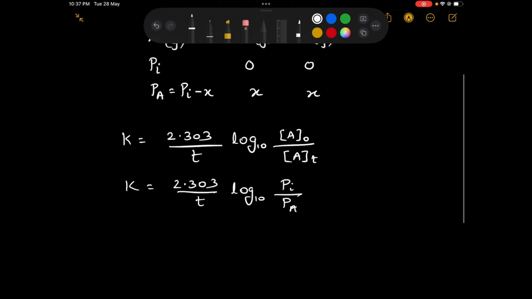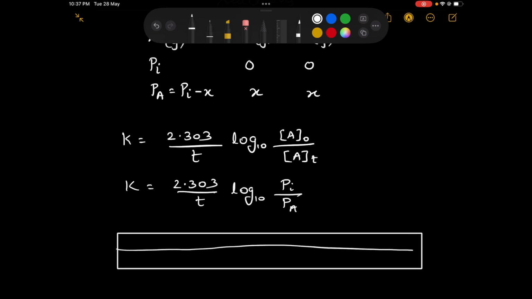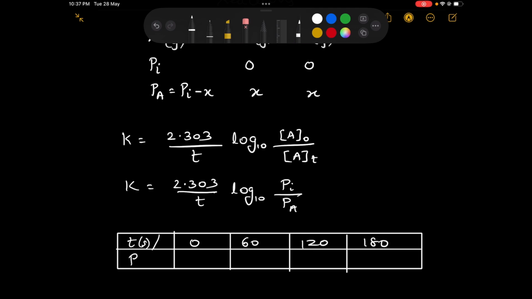But usually whenever data is given, just for the sake of example, I am taking some data. Say I have time t as 0, 60 seconds, 120 seconds, 180 seconds, time in seconds, and pressure P given in mmHg.